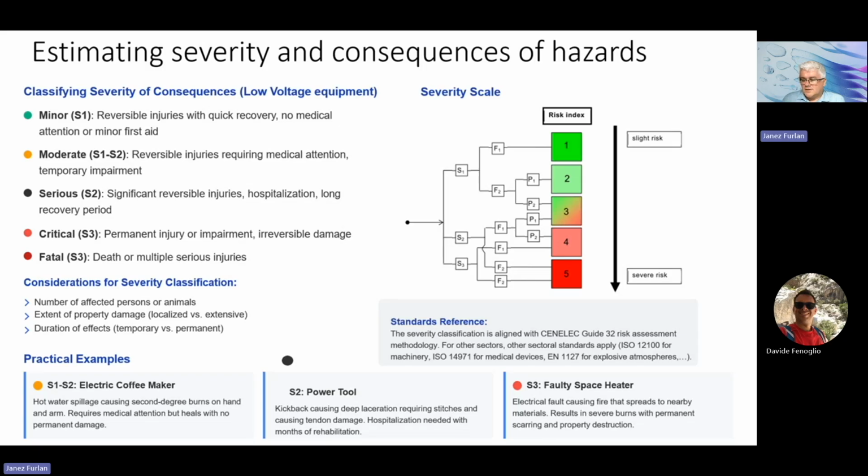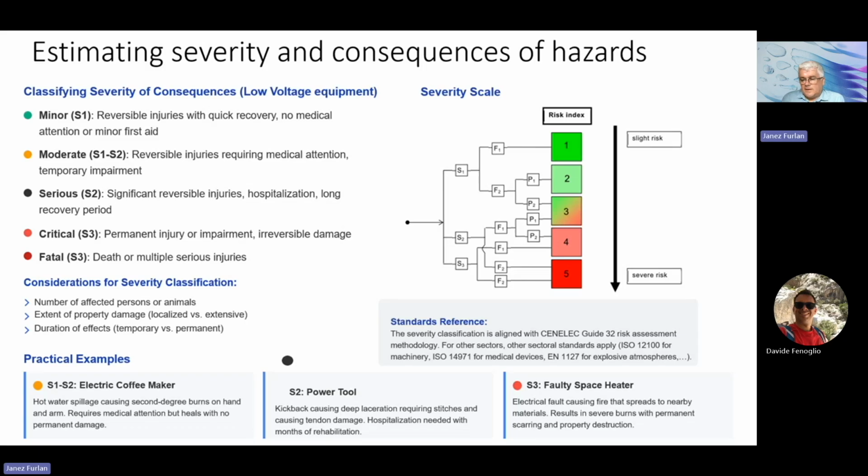The highest risk level is 5, the lowest is 1, and it's green. So whenever we are going in the red direction, it is an alarm, an alert for us, and we need to think how to lower the risk, how to mitigate these risks.